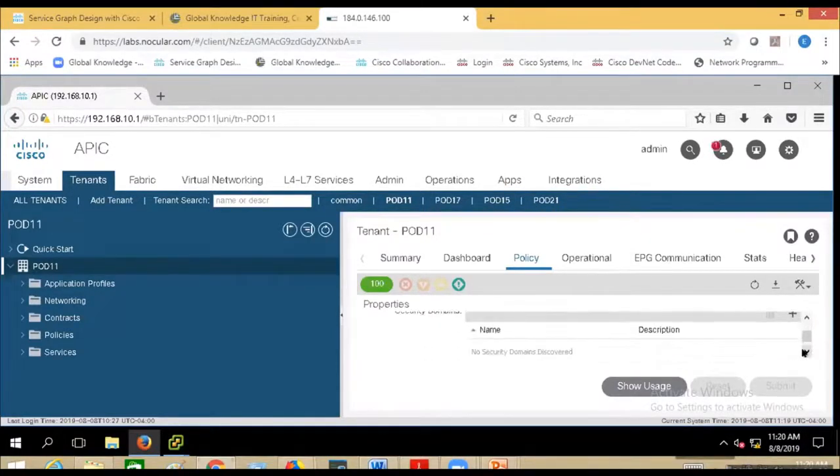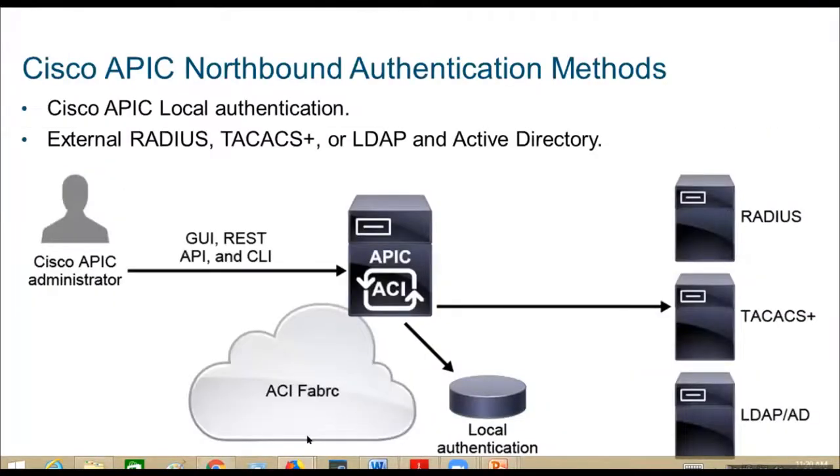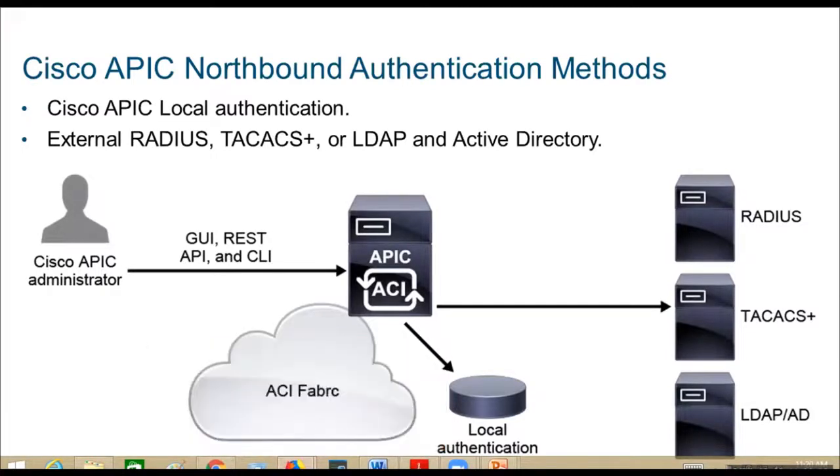Right there, you see there's an option here to add and choose the domain. So every time you add a user locally, it's going to ask you for the domain and, of course, the role.